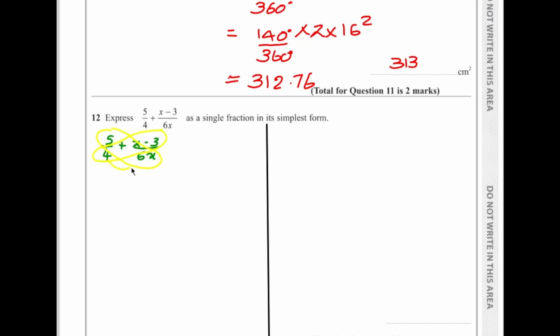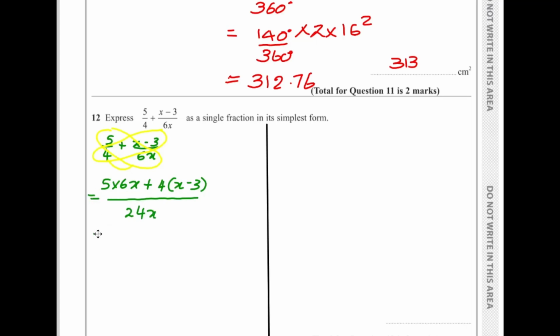After that, the denominators should also be multiplied. Let's see how to do it. 5 into 6x plus 4 into (x minus 3) over 4 into 6x, which is 24x.